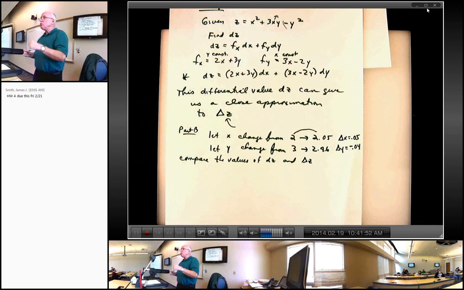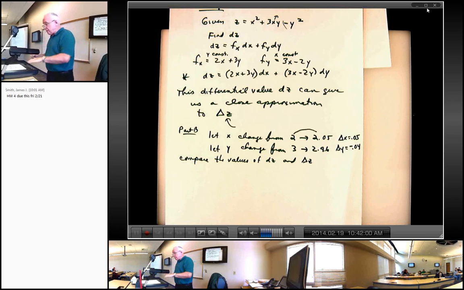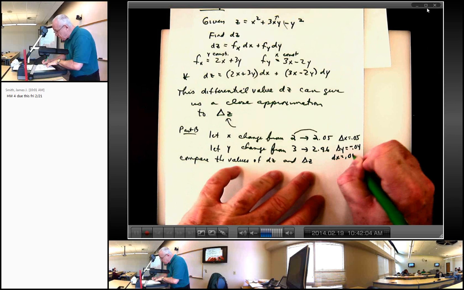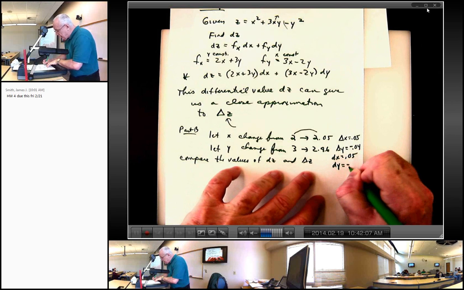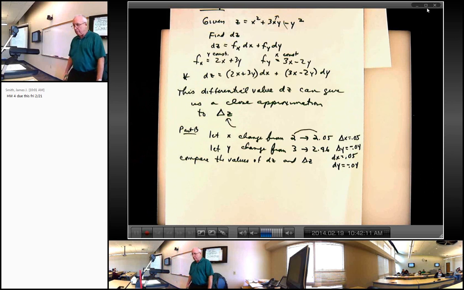Now we're also going to let dx be equal to that same value and dy equal to that same value. So we're going to let dx equal 0.05 and dy equal negative 0.04.